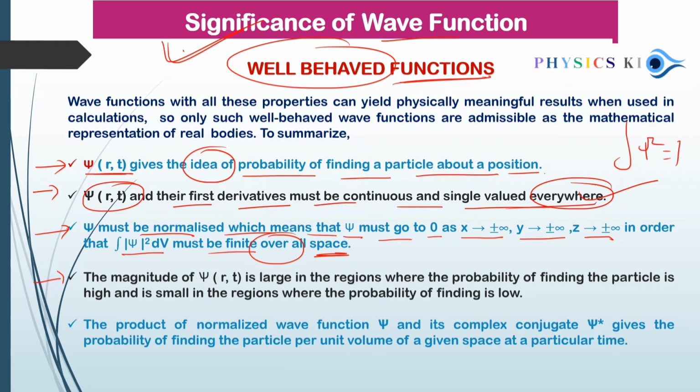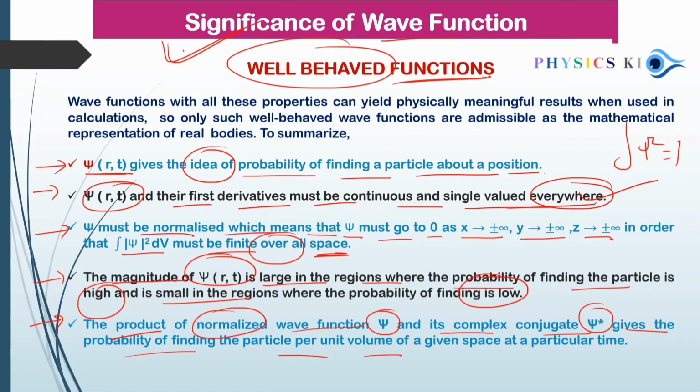Your fourth point: the magnitude of psi of r, t is large in the region where the probability of finding the particle is high. This is the same thing. And whenever the magnitude is small, the probability of finding the particle is very low. And last but not the least, the product of the normalized wave function psi and its complex conjugate psi star gives the probability of finding the particle per unit volume in a given space at a particular time.